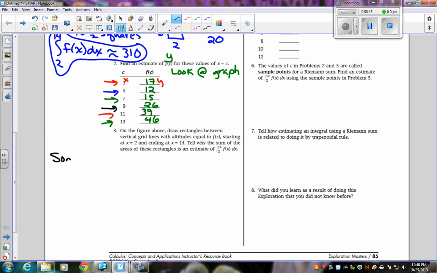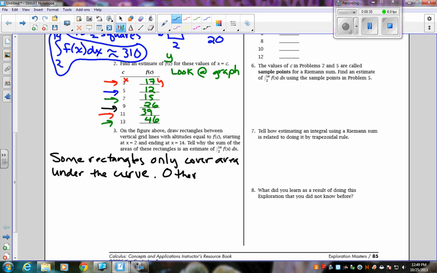Some rectangles, when we draw these in, only cover area that is under the curve. Other rectangles are going to cover area above and below the curve.